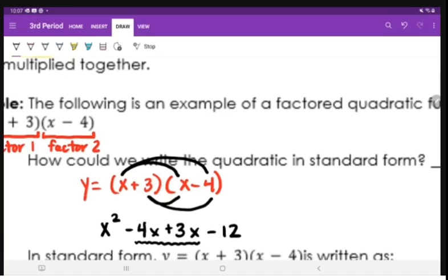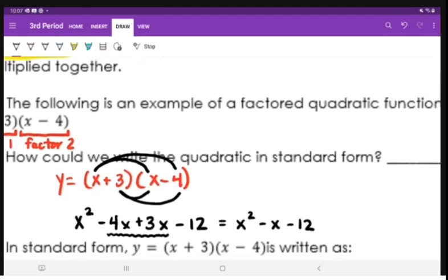This is the FOIL process. And then we have a couple of like terms here. And Rebecca, you were sort of hinting at this. When you have like terms, you can combine them. So we can combine this into x squared minus x minus 12. We will go over how to do this in detail when we get back from break.